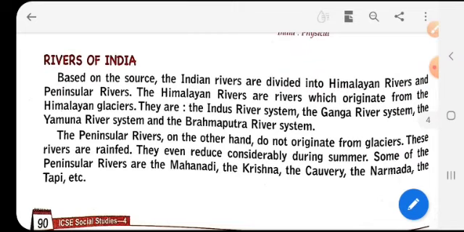When rain falls, these rivers become active, and they reduce considerably during summer, because all the water evaporates and there is dryness, but they get filled up again when the monsoon enters. Some of the peninsular rivers are the Mahanadi, the Krishna, the Kaveri, the Narmada, the Tapi, and many more.